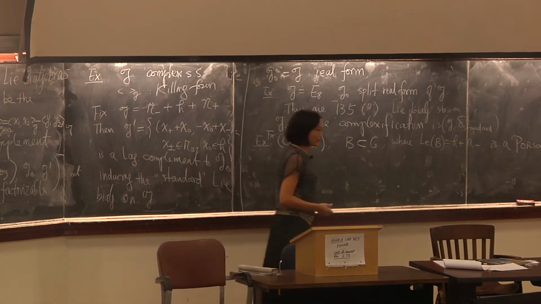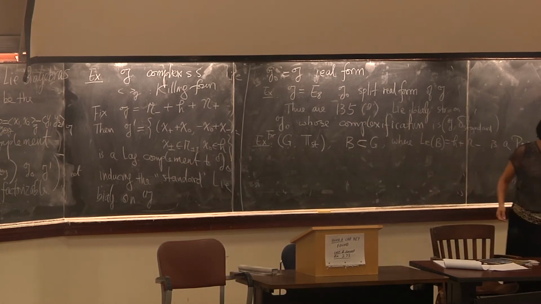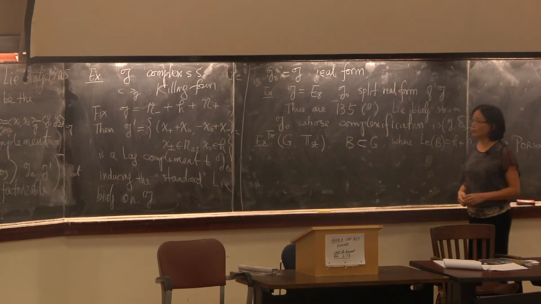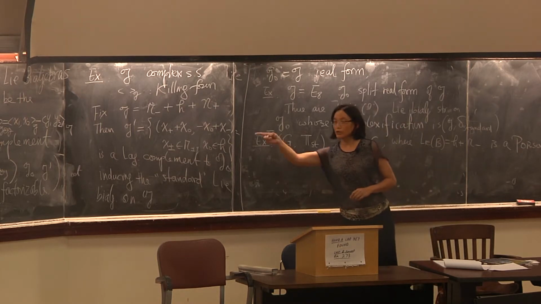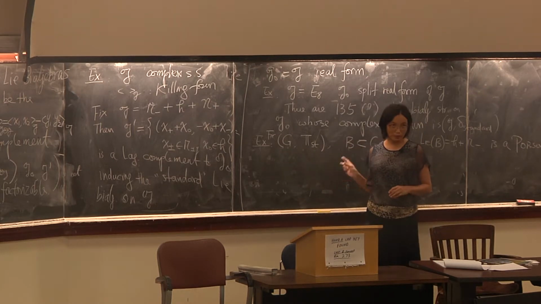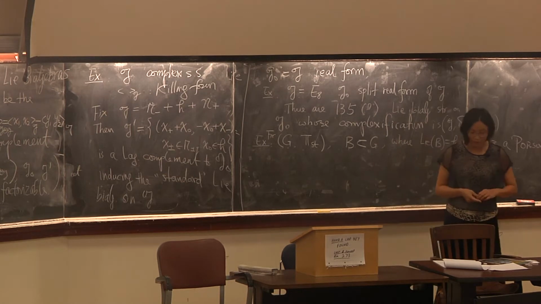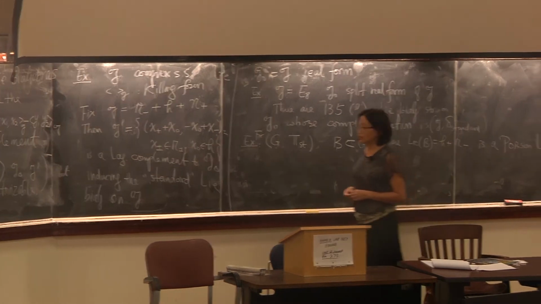Okay, so far I have only tried to say that there's a rich world of Poisson Lie groups and Lie bialgebras, and you would naturally ask, are there lots of examples of Poisson structures with Poisson actions by all of these Lie bialgebras and Poisson Lie groups? And the answer is yes.